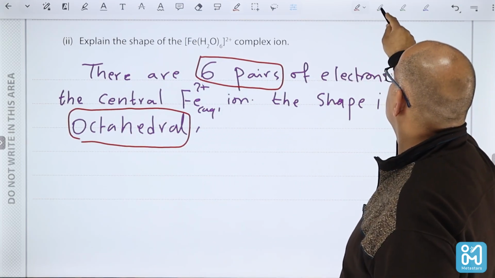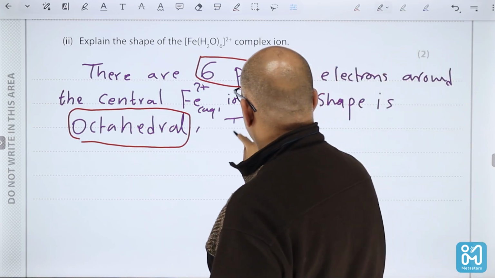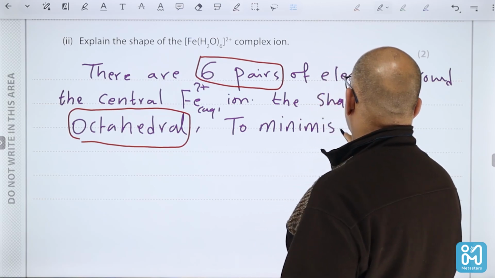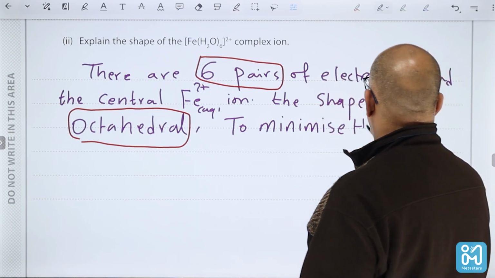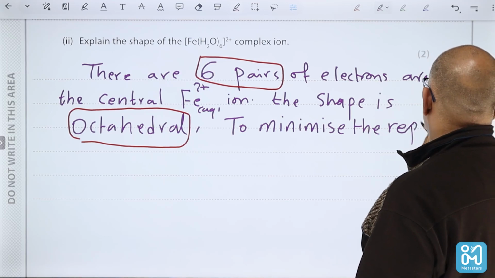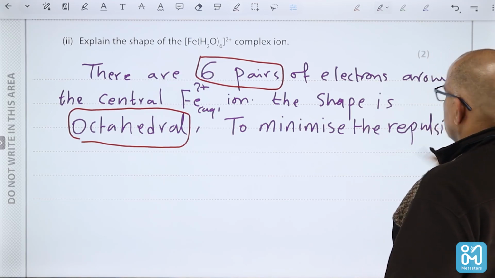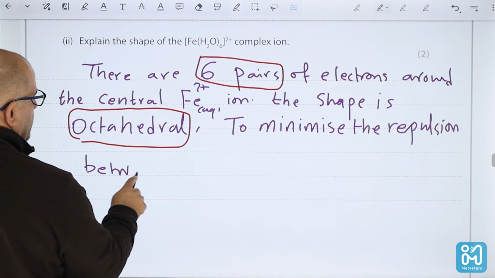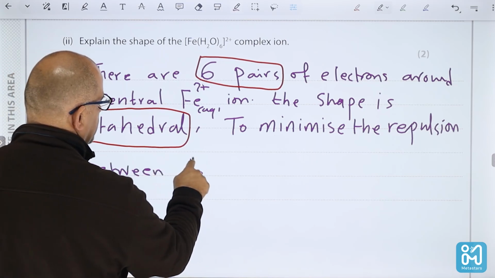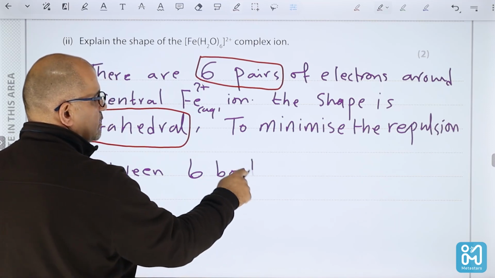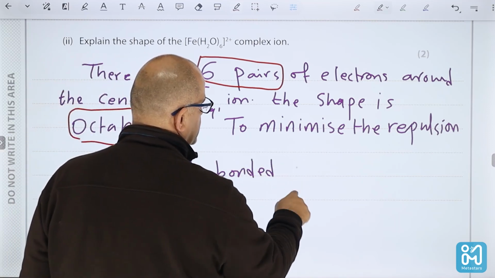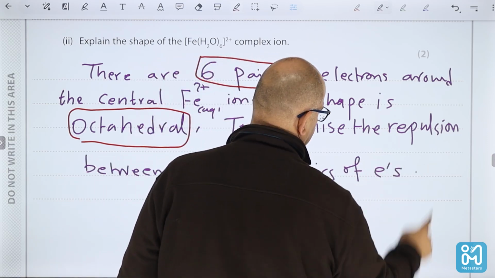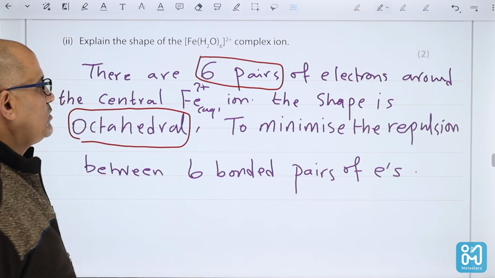And to minimize the repulsion between bonded pairs of electrons around the central atom.